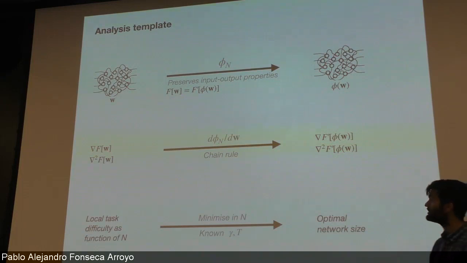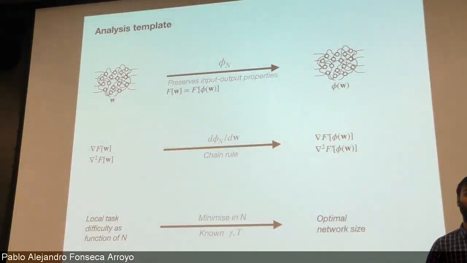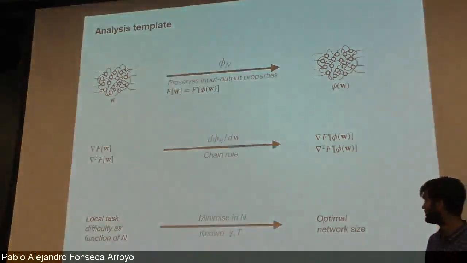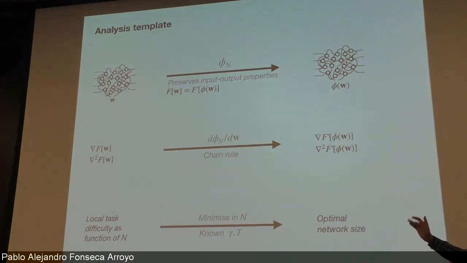I can, in fact, minimize it in n, the number of synapses, because I'm looking at families of mappings that change network size, for instance, adding neurons. And I can find an optimal network size, essentially, in particular cases, so all the ones I look at. So I think this could be a generic analysis template for various architectural modifications. I've just looked at two here.